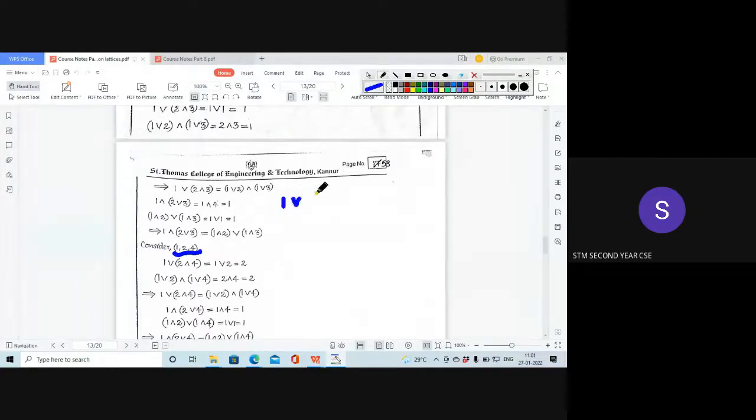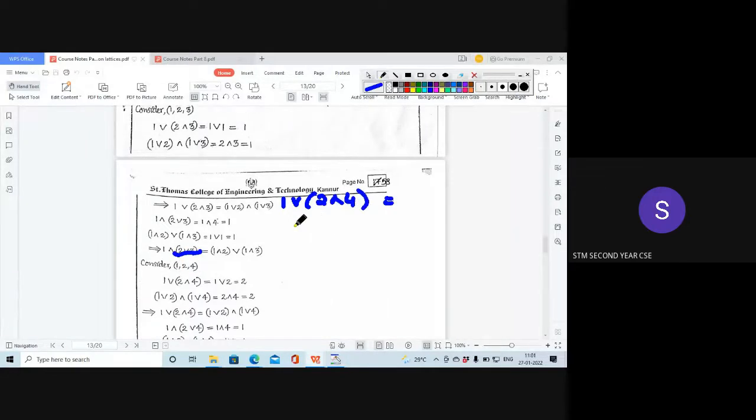That is 1 or (2 and 4) is equal to (1 or 2) and (1 or 4). You have to find the LHS and RHS, and if they evaluate to the same, then the first law is satisfied.